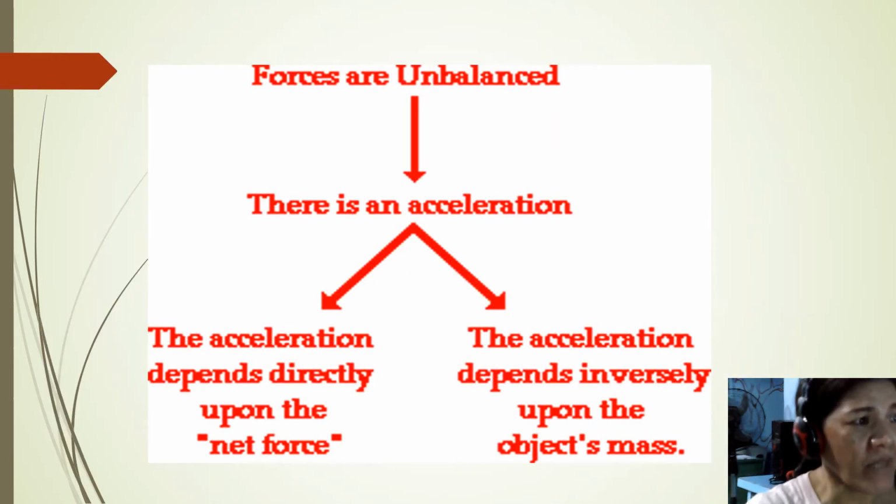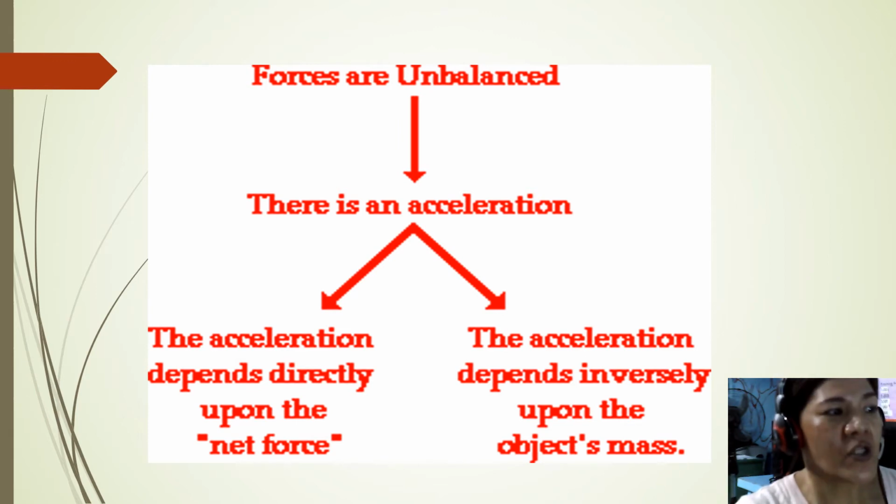Now, when forces are unbalanced, they produce acceleration. Once it produces an acceleration, the acceleration depends directly upon the net force. As I have said earlier, if the net force is lesser, then the acceleration of that object is also less.